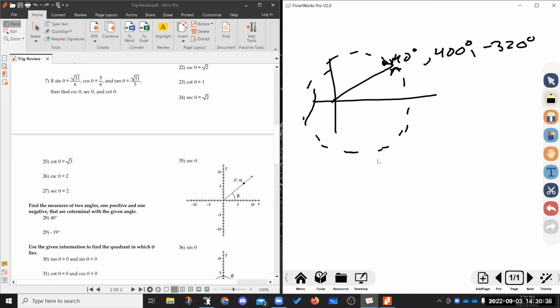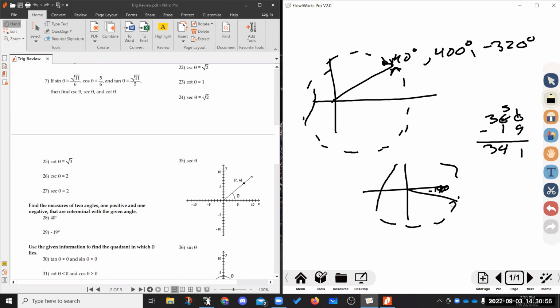Now we have negative 19 degrees, somewhere down here. And we're going to say 360 added to a negative 19 is going to give us 341 degrees if I go all the way around. Or I could subtract 360, and that would give me a negative 379.